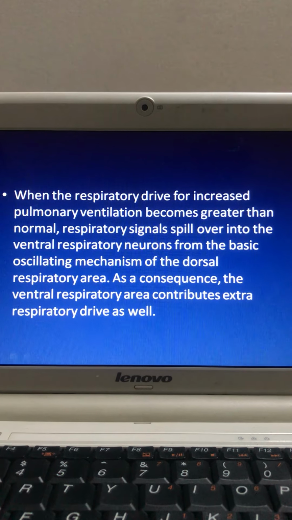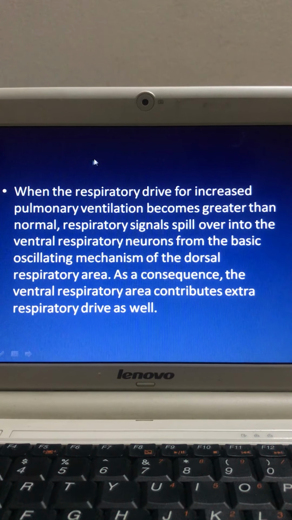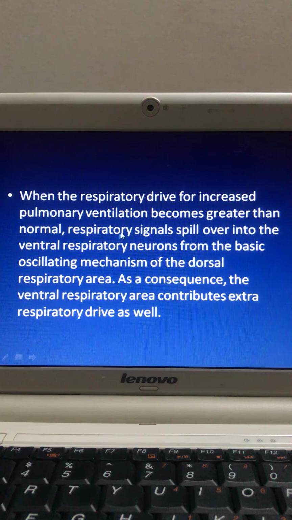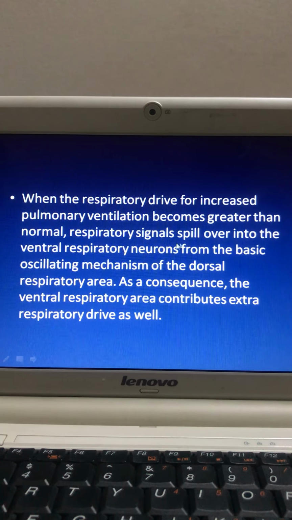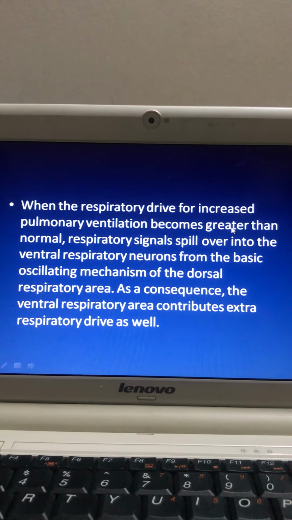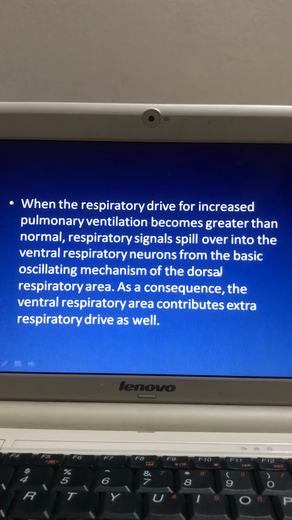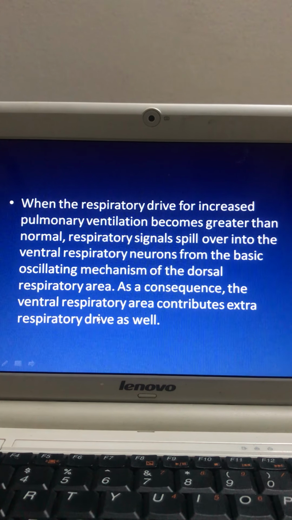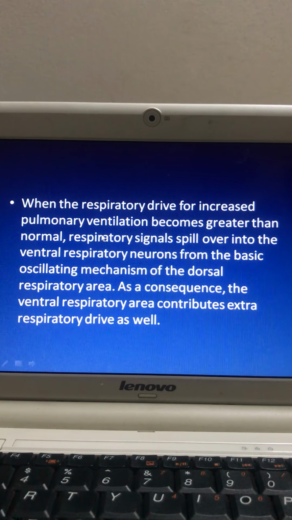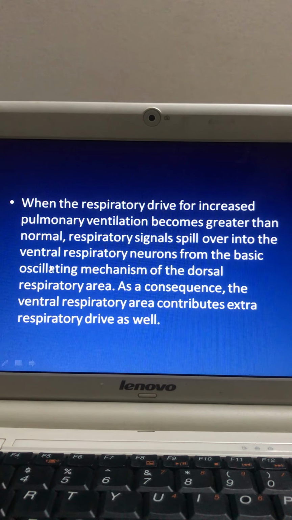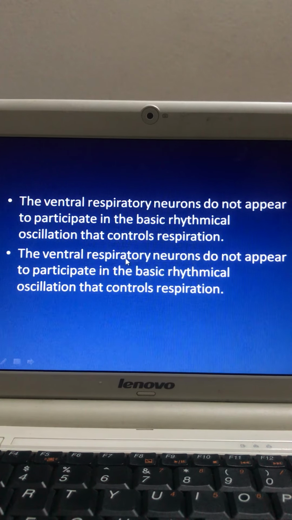That means when there is a need for increased respiration, as in exercise, the stimulation spills, that is, crosses over from the dorsal to the ventral respiratory group of neurons. This excess respiratory drive needs the involvement of the ventral respiratory group.